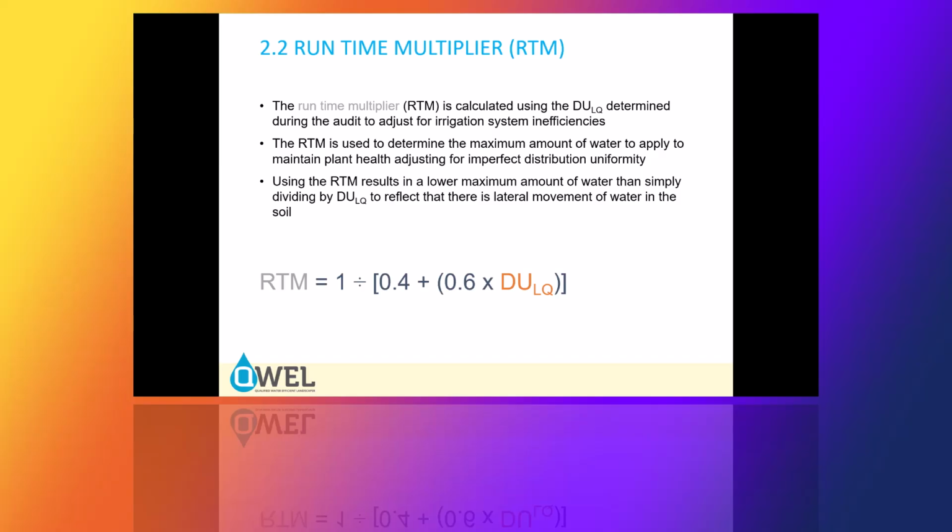The runtime multiplier results in a lower maximum amount of water than simply dividing by the DULQ to reflect that there is lateral movement of water in the soil. So in other words, we use the runtime multiplier to compensate for irrigation system inefficiencies and not waste excessive amounts of water if we were to do the calculation by just dividing by the distribution uniformity low quarter.